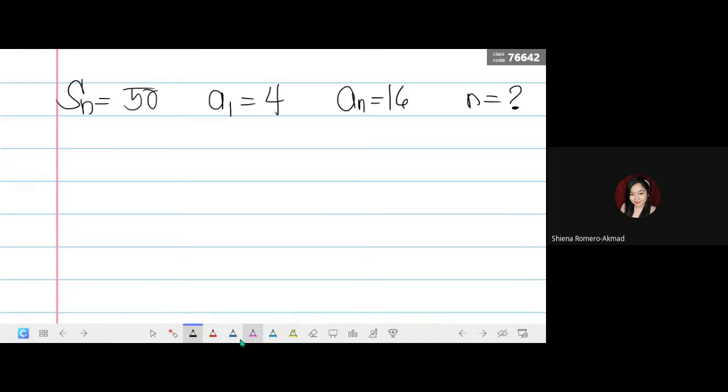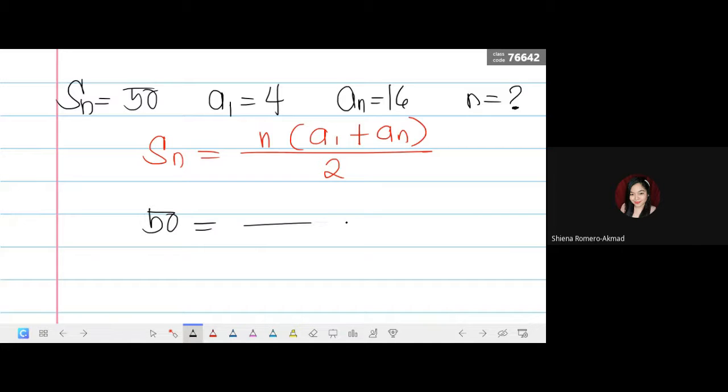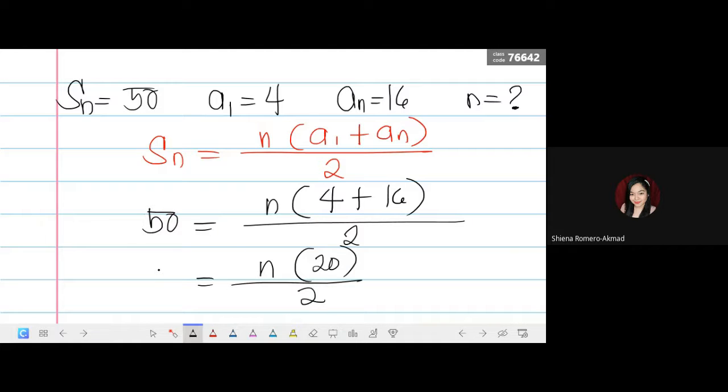Still, we have the formula which is S sub n is equal to n times A sub 1 plus A sub n divided by 2. Substitute lang tayo dyan. We'll get 50 is equal to n times 4 plus 16 divided by 2. So n, 4 plus 16 is 20 divided by 2.